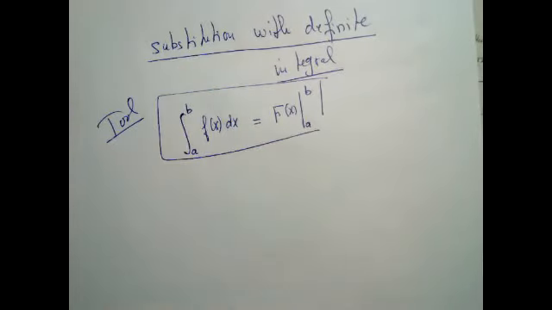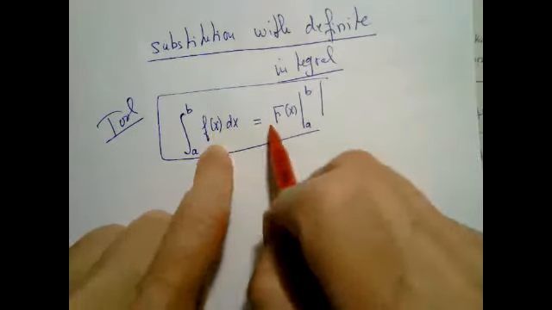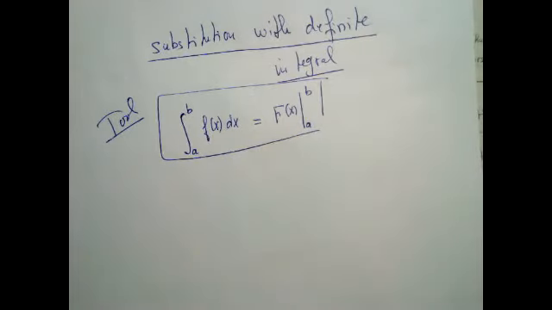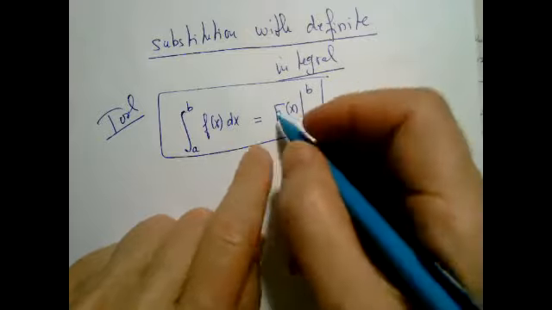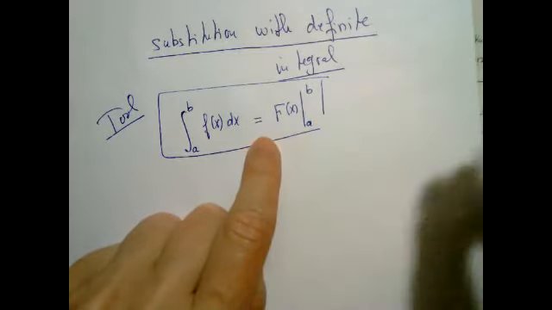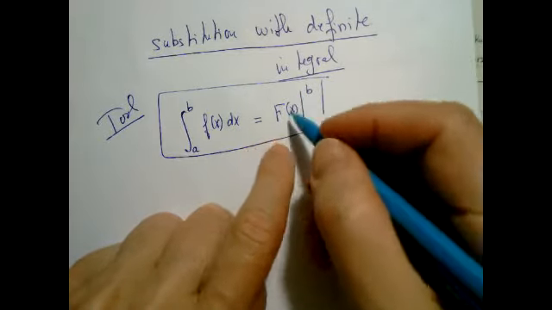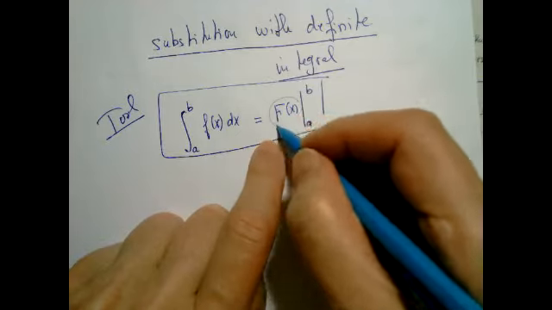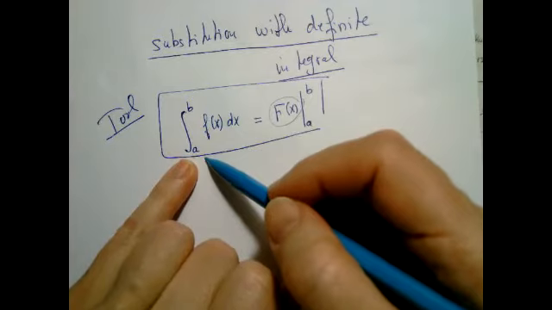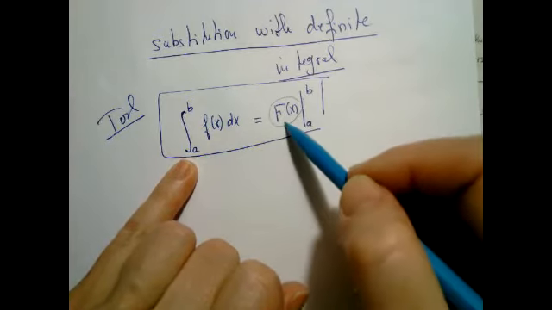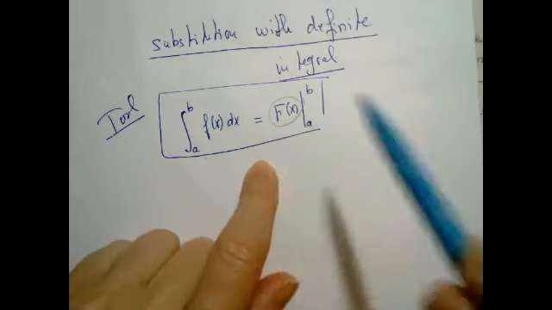So I take the antiderivative and then I evaluate between a and b. When I was grading your quiz yesterday, some students did not take the antiderivative. They took little f and evaluated between a and b. And be very careful, that's absolutely wrong. You need the antiderivative and then you do the evaluation.